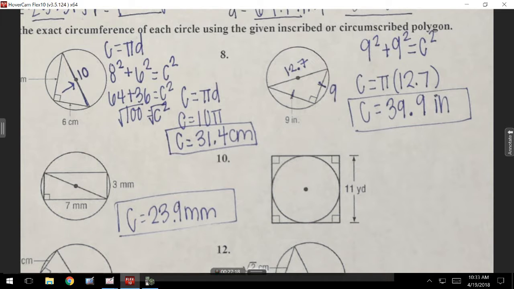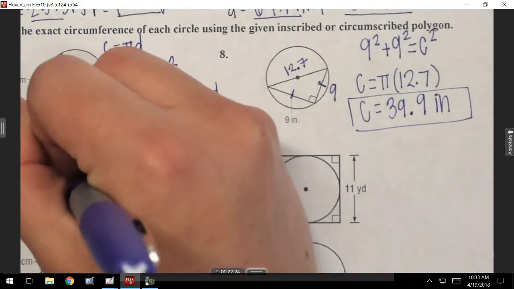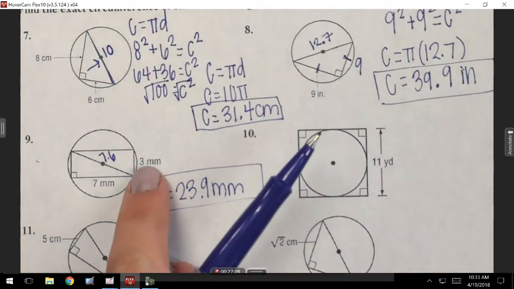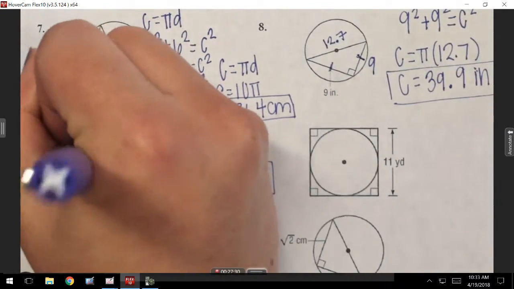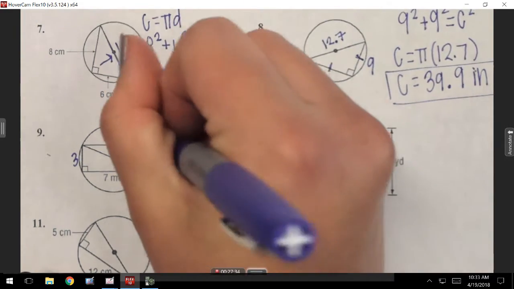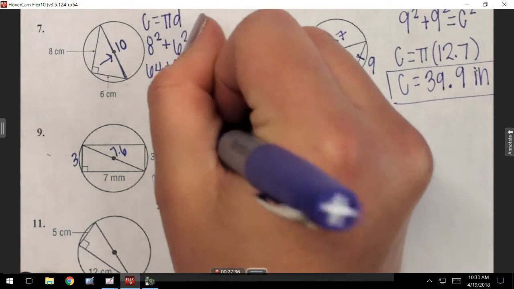Is that what y'all got? What did you get for the diameter? 7.6. I got that because, here's why. If this side is 3, then this side is 3. So now I can ignore the top half of that triangle and do 7 squared plus 3 squared to get your hypotenuse.